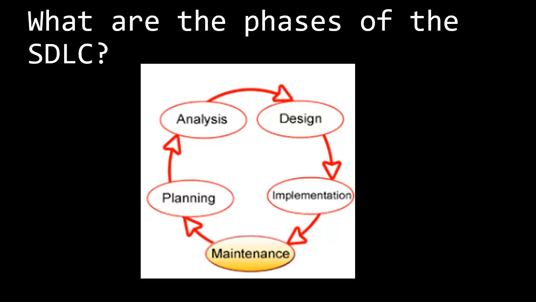And so maintenance is actually after it's implemented, how do we continue on to enhance it, maintain it, keep it up, and those types of things as the system ages and becomes mature. What we're going to focus on in this particular class is more the initial development of the application. So we'll talk about the planning phase, the analysis phase, the design phase, and the implementation phase.